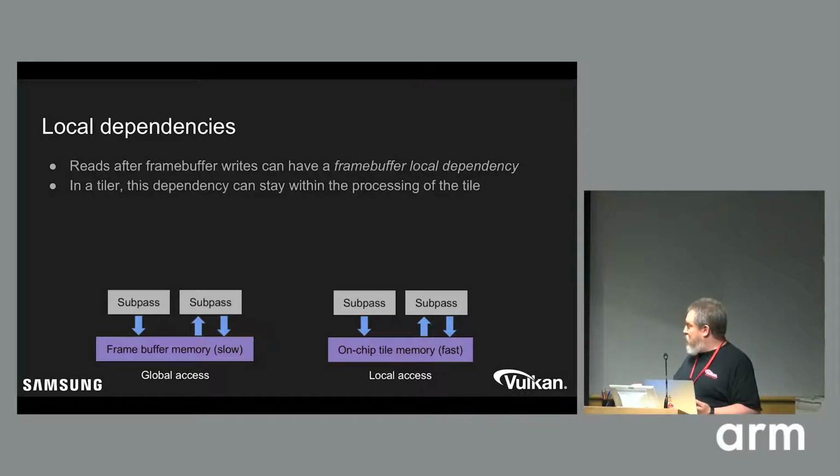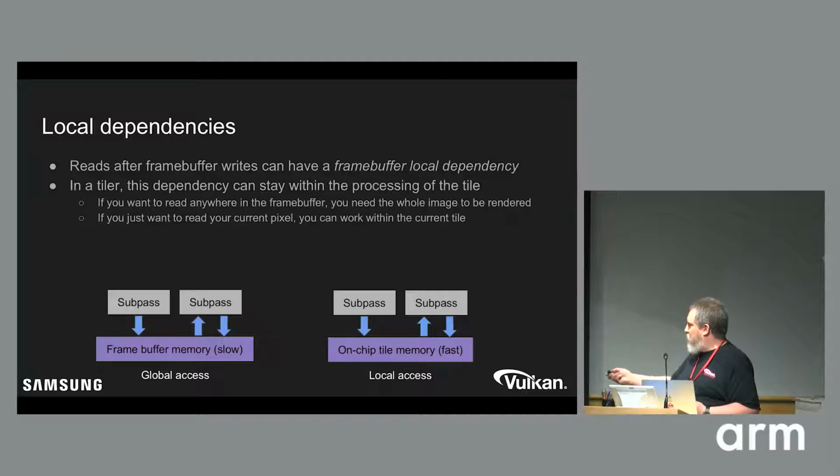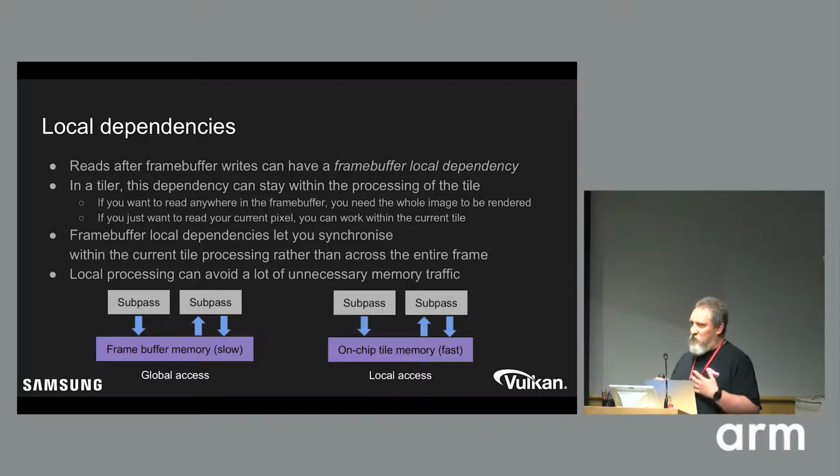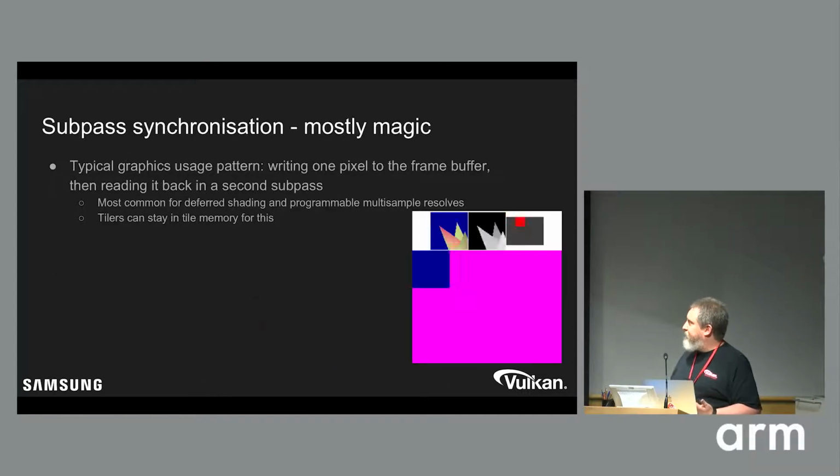On the other hand, if you know that you're only accessing the current pixel, then because both of these can run while a single tile is being processed, everything can work much more quickly. That's particularly efficient on a tiled GPU. If you're doing local dependencies, it's tile local, and we've given previous talks on how much memory bandwidth you can save by doing that kind of thing.